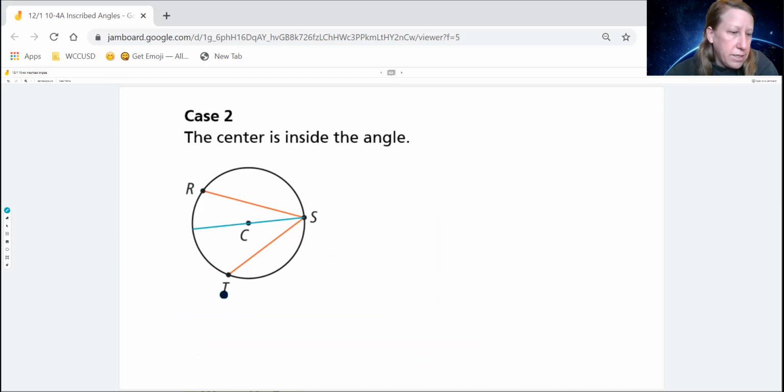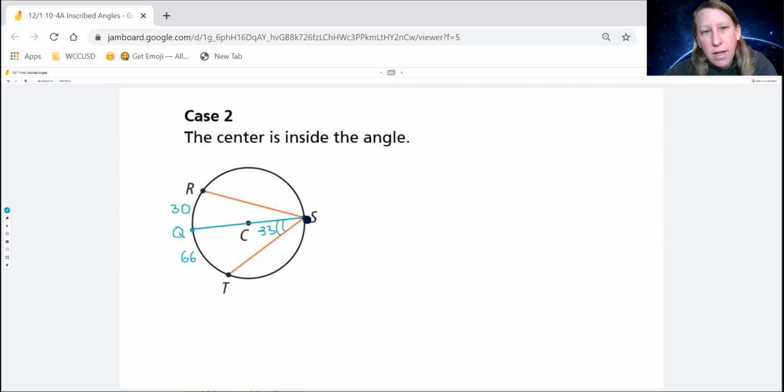So I'm going to say that from here to here is 66, and maybe we'll name this point Q. I just made this number up. Okay, if this is 66, what did we just learn? This is going to be half. It's going to be how much? 33.